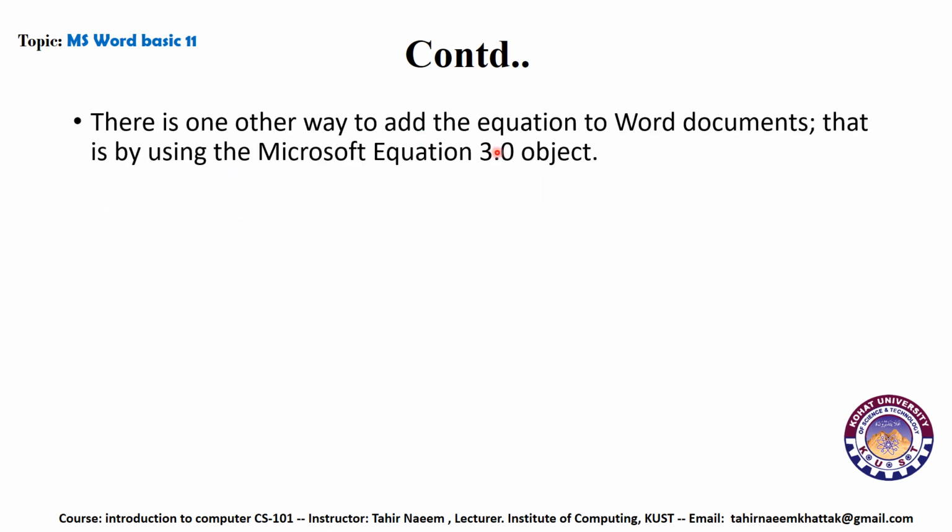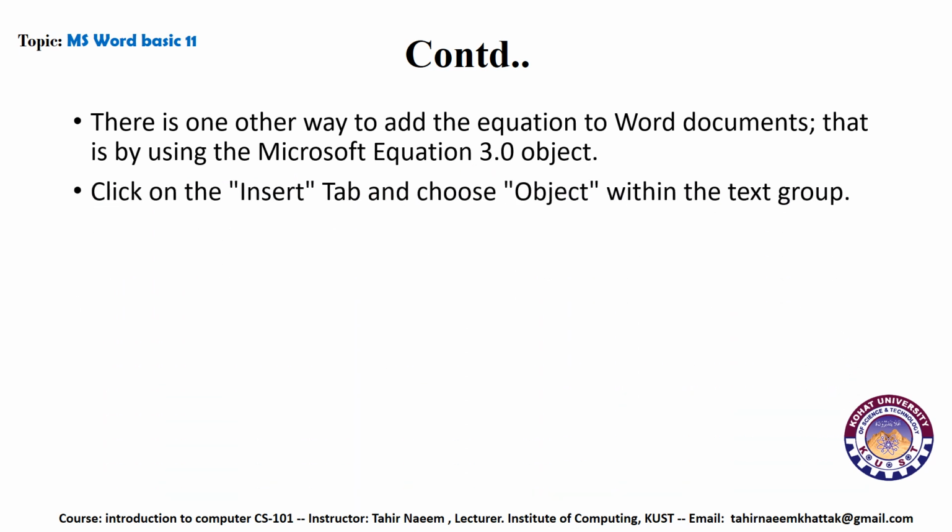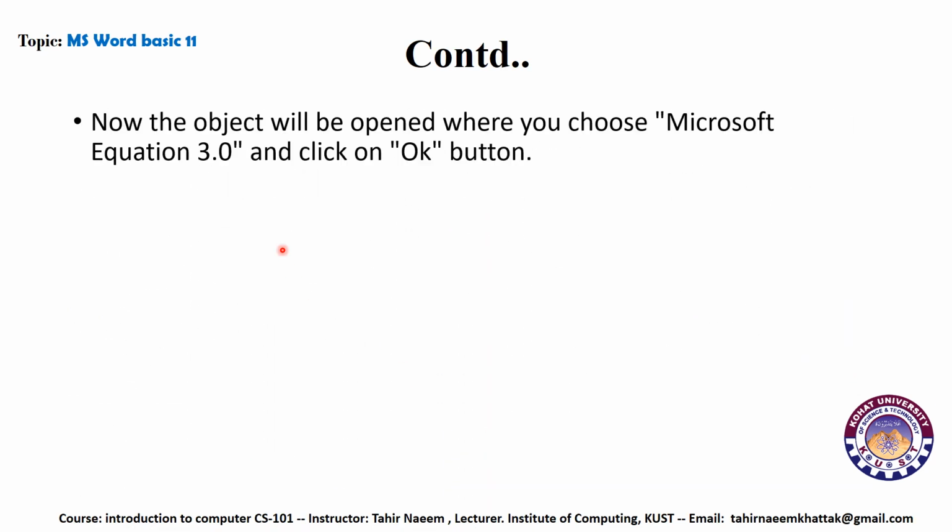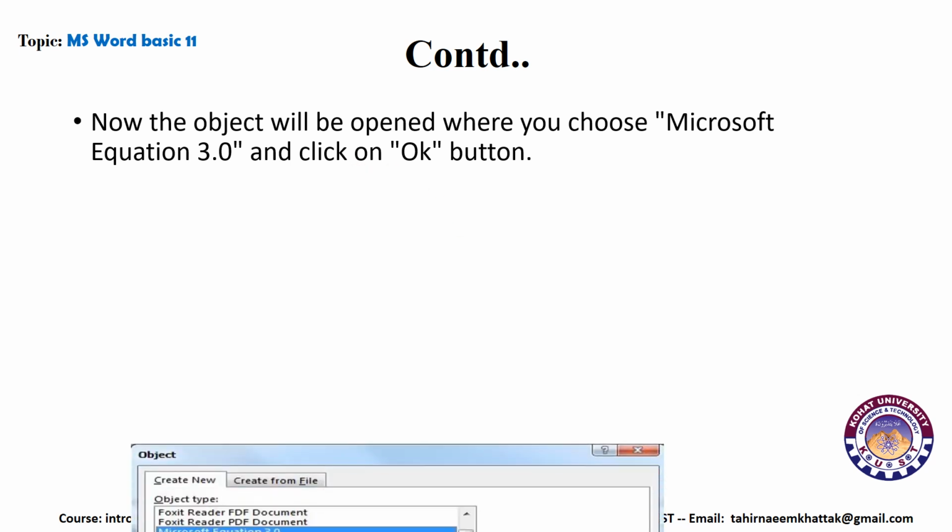There is another way to add an equation to a Word document, that is using the Microsoft Equation 3.0 object. Click on the Insert tab and choose Object within the Text group. Here we will click on Object. Now the Object dialog box will open, where we can choose Microsoft Equation 3.0 and click the OK button.